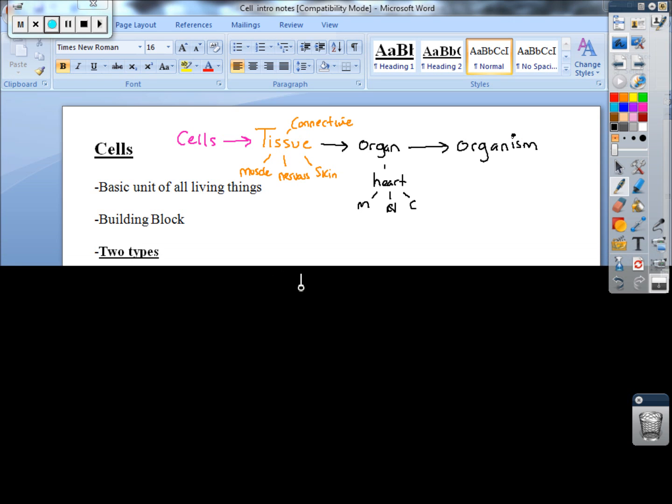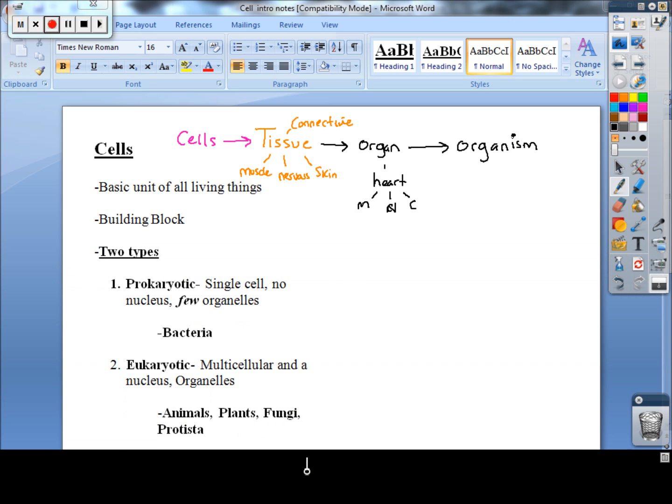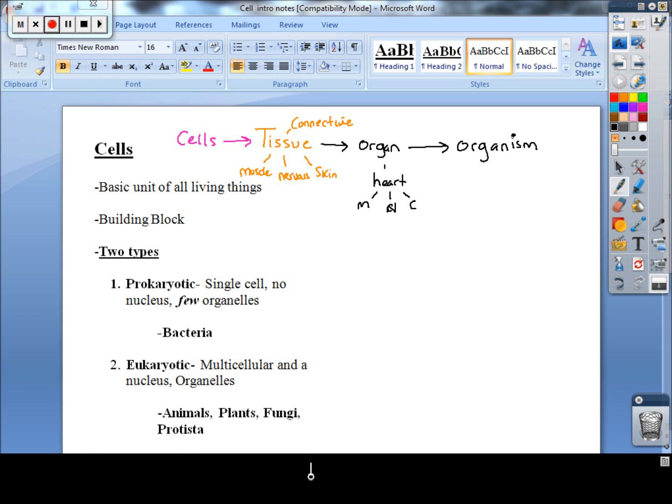So then, there's two types of cells. Okay, they are prokaryotic and eukaryotic. Prokaryotic are single-celled. They have no nucleus and few organelles. Since they don't have a nucleus, the DNA is just free floating in the cytoplasm.